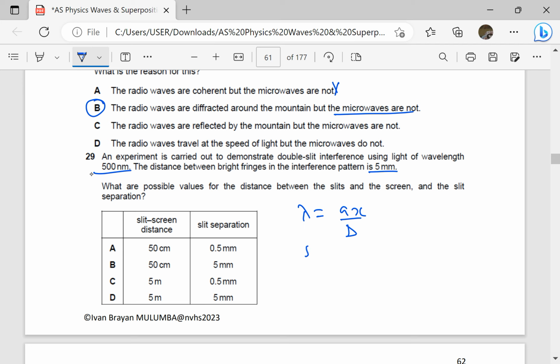So we shall say 500 times 10 power negative 9 is equal to the distance between bright fringes. So X is 5 millimeters.